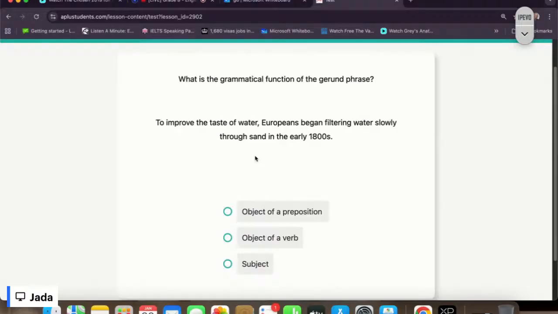Then, to improve the taste of water, Europeans began filtering water slowly through sand in the early 1800s. What's the grammatical function here?